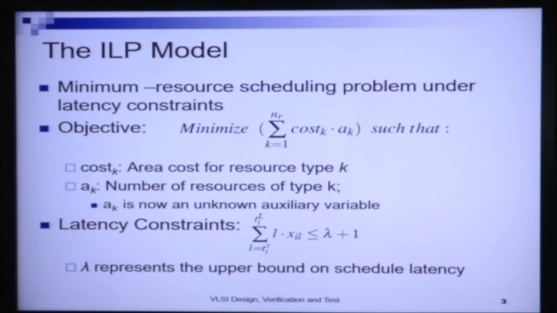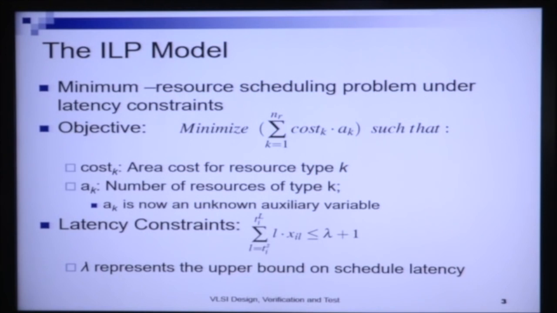However, through scheduling, I need to find out how many resources of each type I should use, so that I will be able to schedule all the operations in my DAG in the given time constraint, while minimizing the total area consumed by this set of resources.